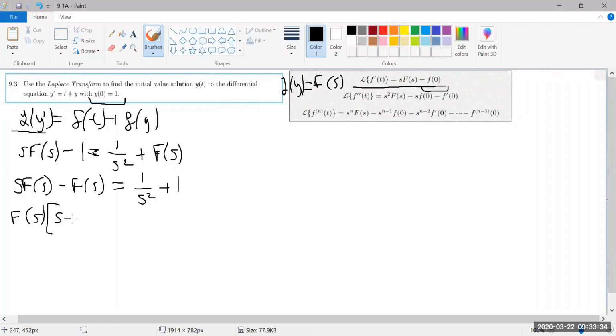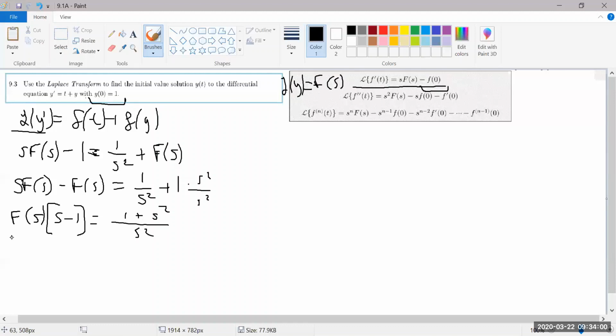I get s minus 1. And then I'm also going to write this as a single term by multiplying this term by s squared over s squared. So I get 1 plus s squared over s squared.